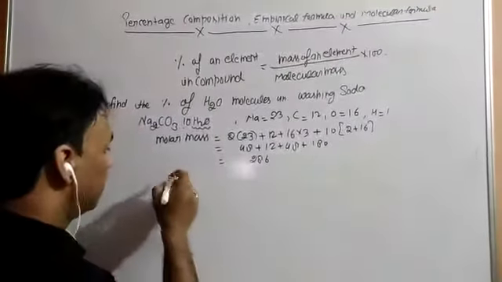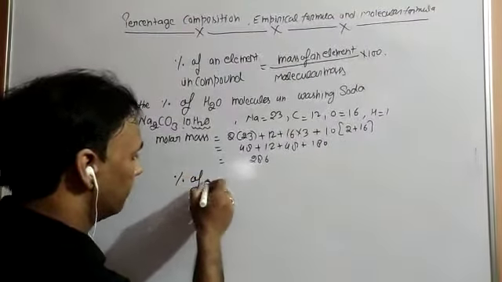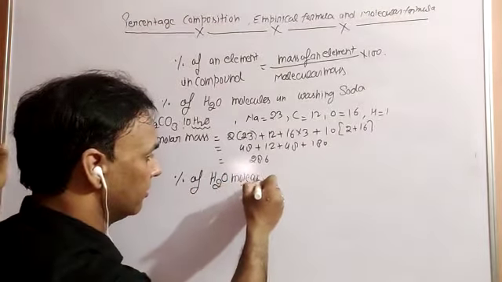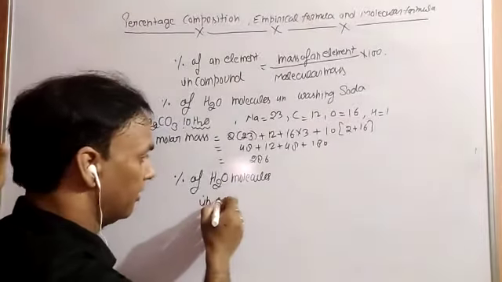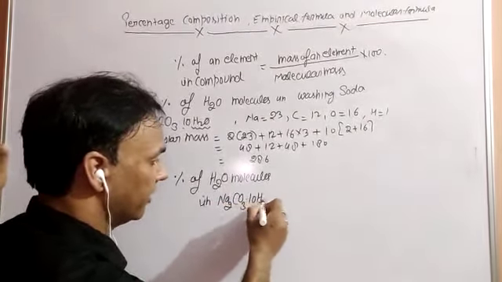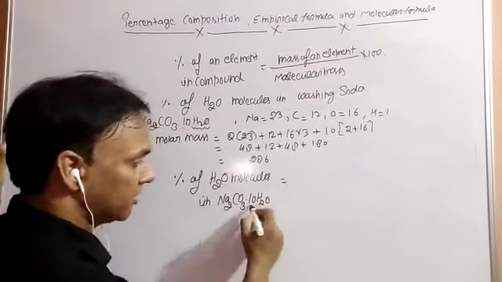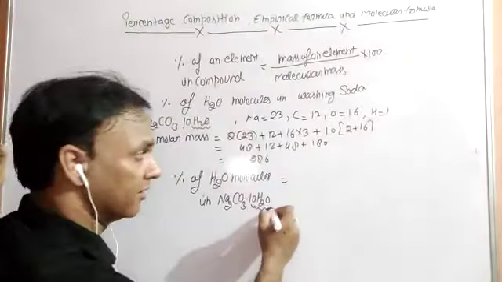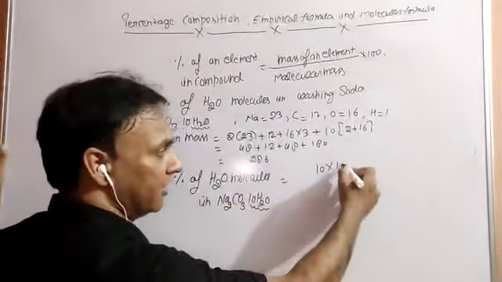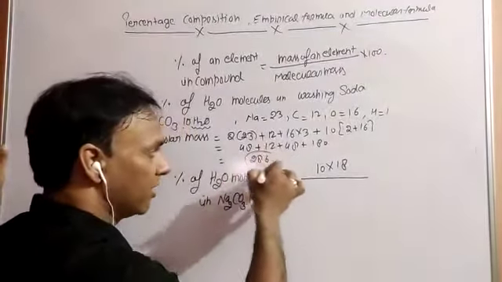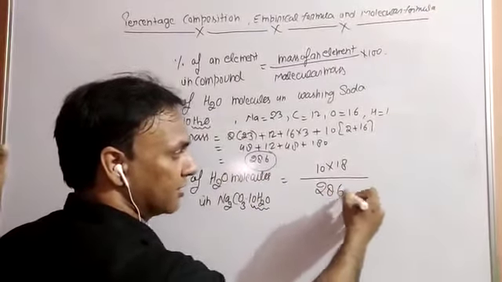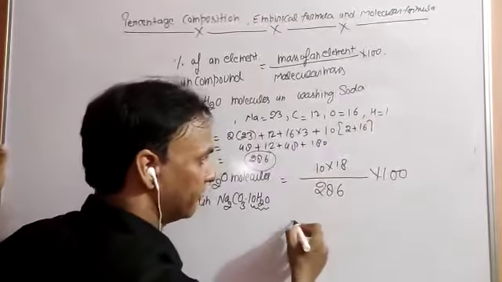Clear? Then the percentage of water molecules in washing soda, that is sodium carbonate 10H2O. Clear? 10 crystalline water molecules are here. That means 10, and the molar mass of each water is 18, upon the molar mass of washing soda, that is 286, multiplied by 100.